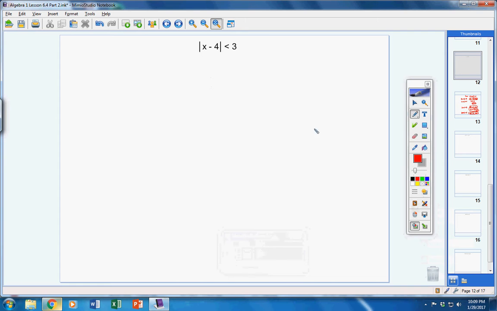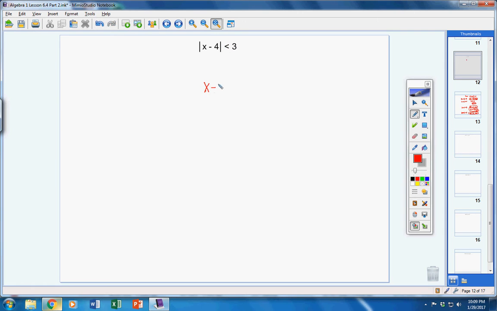Now, step 3 says write your 2 inequalities and decide whether or not you have a conjunction or a disjunction. Listen carefully. Anytime you have an absolute value less than, it's going to be a conjunction. Always. I would write that down somewhere in your notes. Anytime you have an absolute value that is less than a number, it's going to be a conjunction.